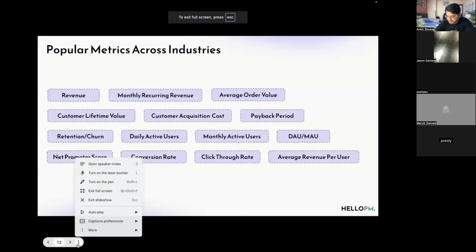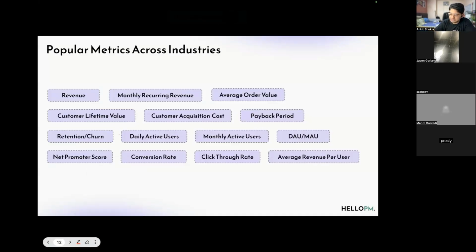So we talked about this. Then there is something else called payback period. Now, guys, I have a question for everyone. What do you think is the payback period? Yes, the time till which your CAC is recovered.